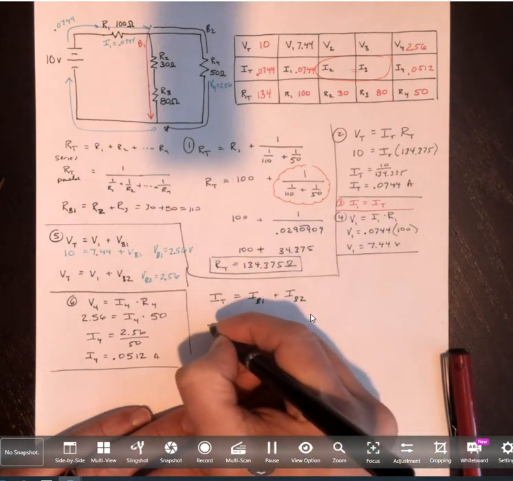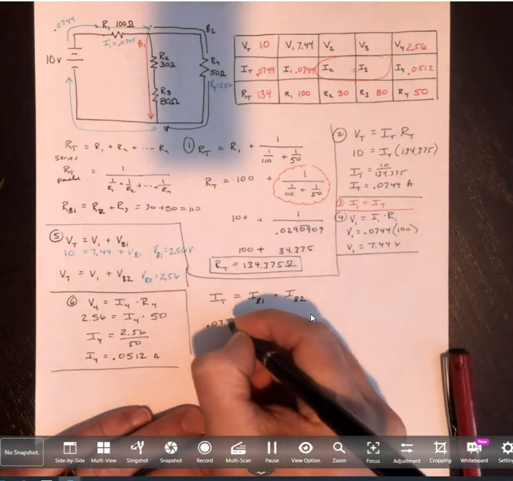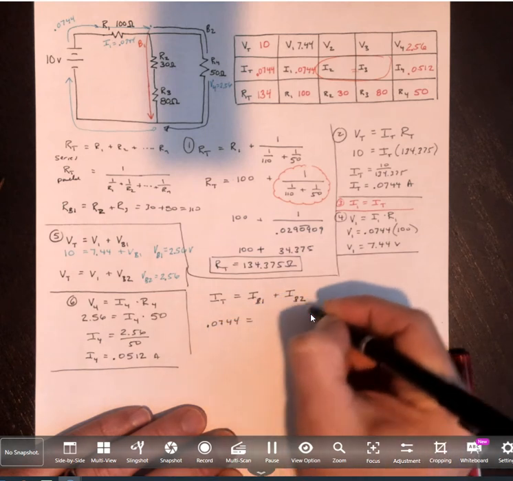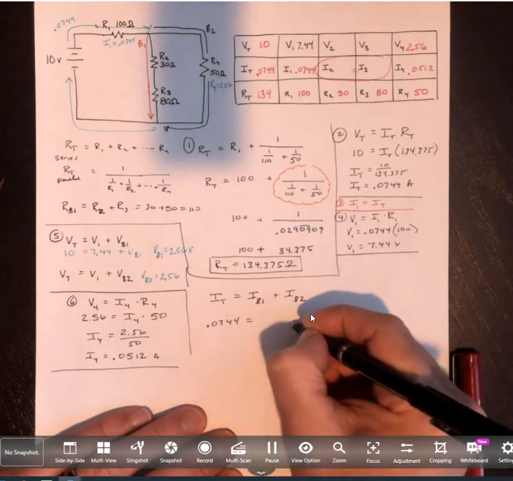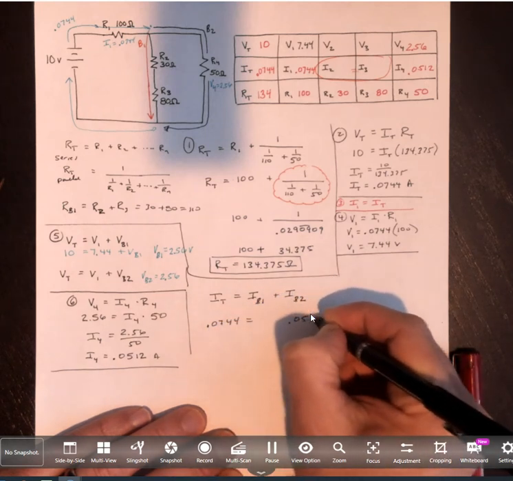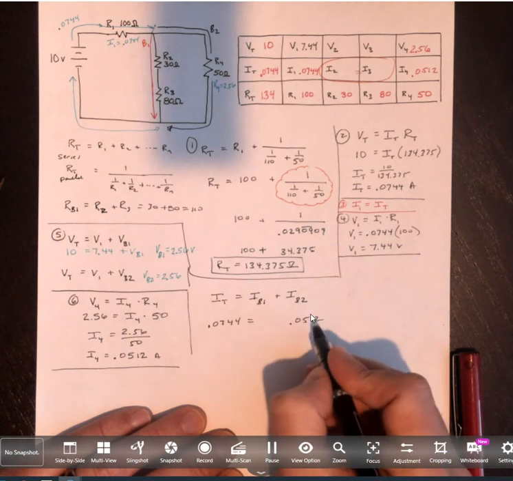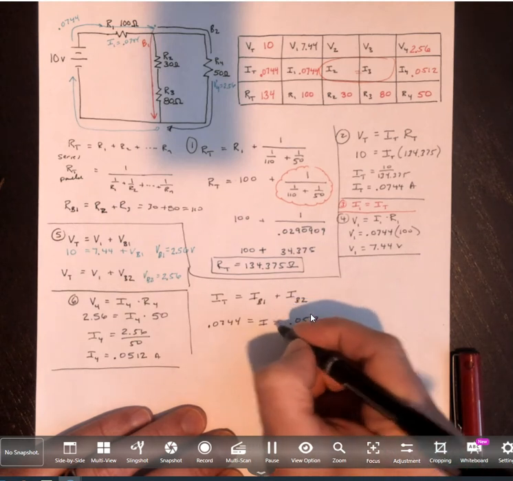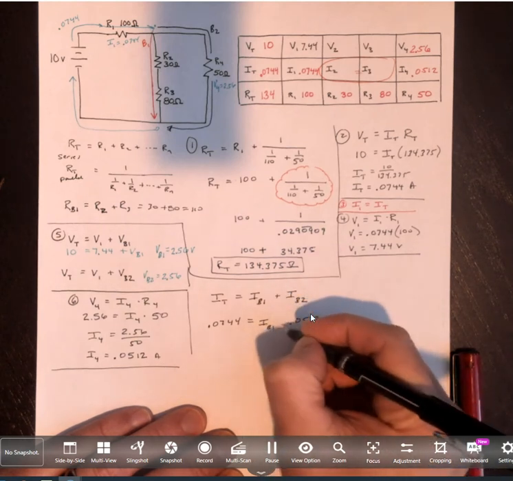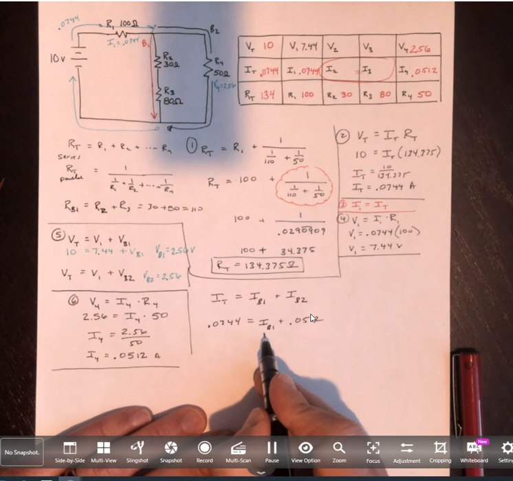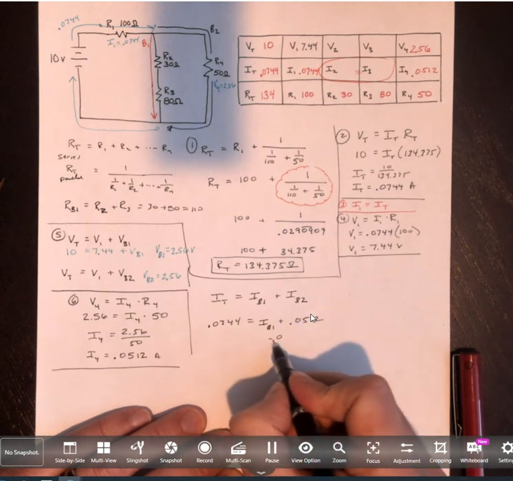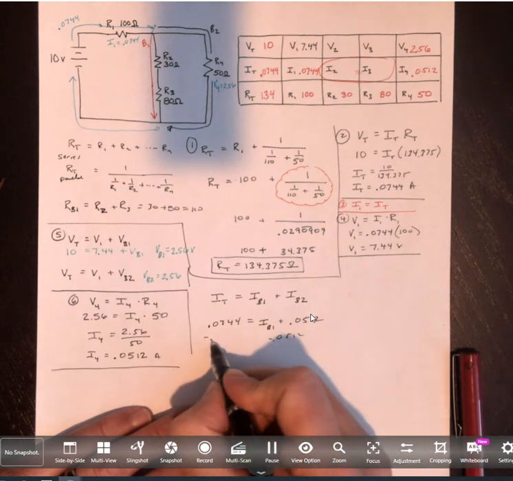Well, we know the total current is 0.0744, and we just found out that we had 0.0512 amps take branch 2. So knowing those two things, I can figure out how much took branch 1. So just subtract the 0.0512 from both sides.